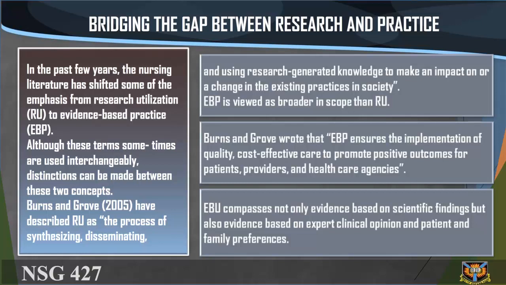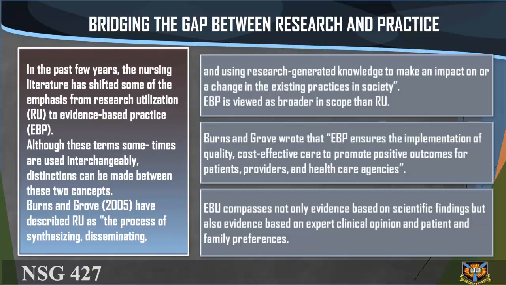Burns and Grove, 2005, have described RU, that is research utilization, as the process of synthesizing, disseminating and using research-generated knowledge to make an impact on or a change in the existing practices in society.